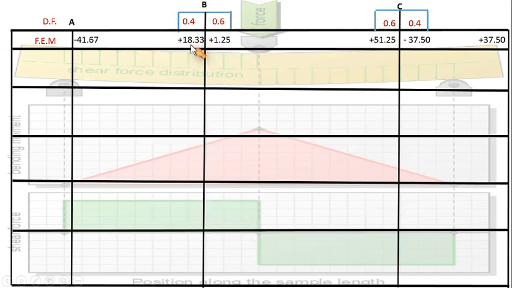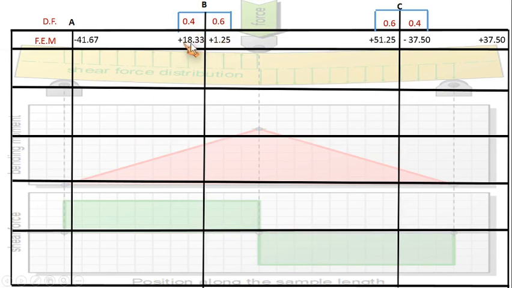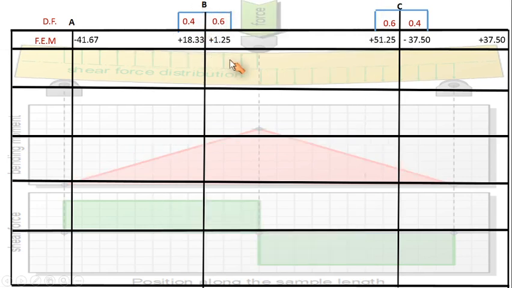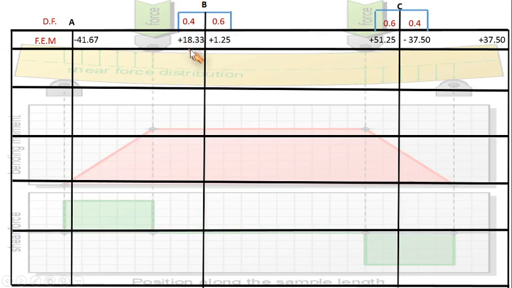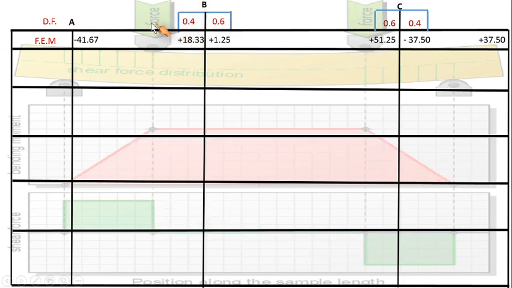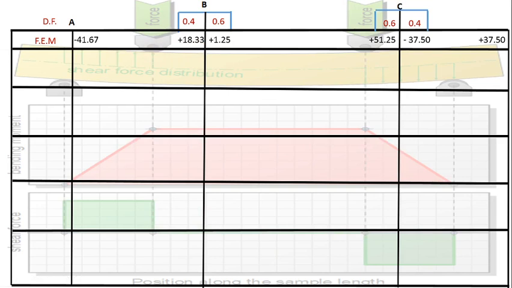If it would have been plus 18.33 and minus 18.33, that would have been the equilibrium condition, but there is a disparity of the moment for the individual spans meeting at that particular joint B, so it is not in equilibrium, and that is why we have to distribute the moment to the far end, and that too in the proportion of the distribution factor, which is related to the relative stiffness of an individual member. So this is the main abstract of this particular moment distribution method.